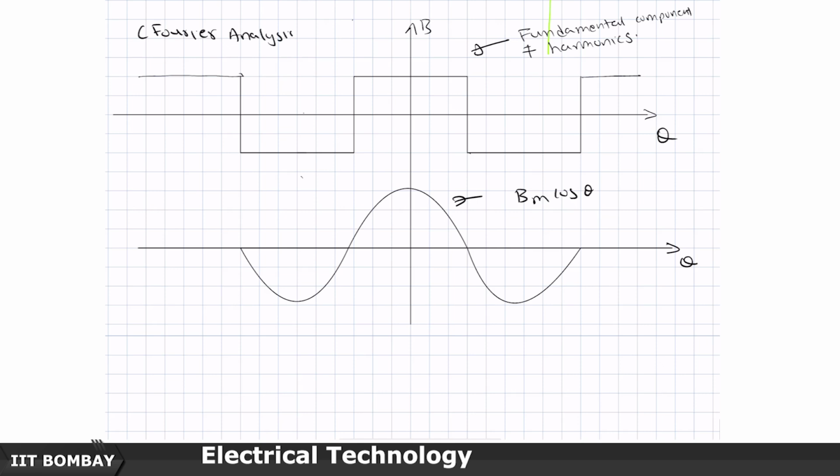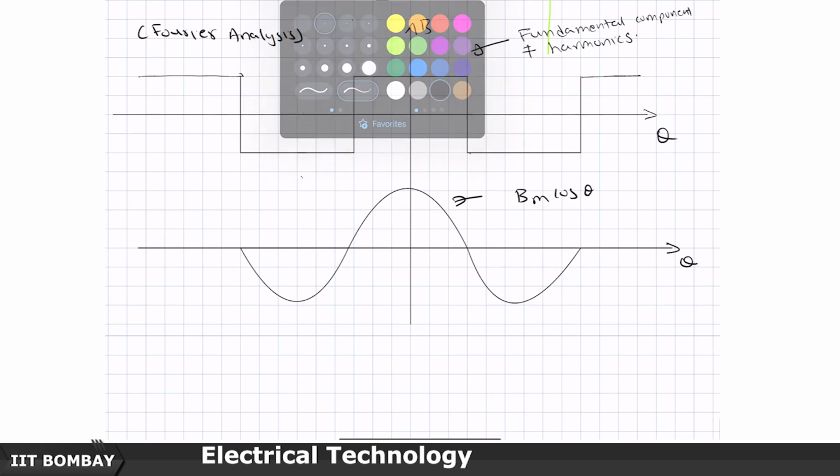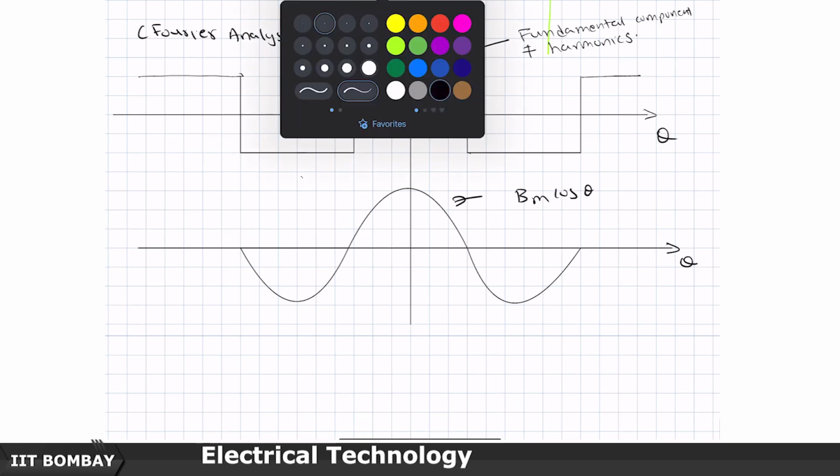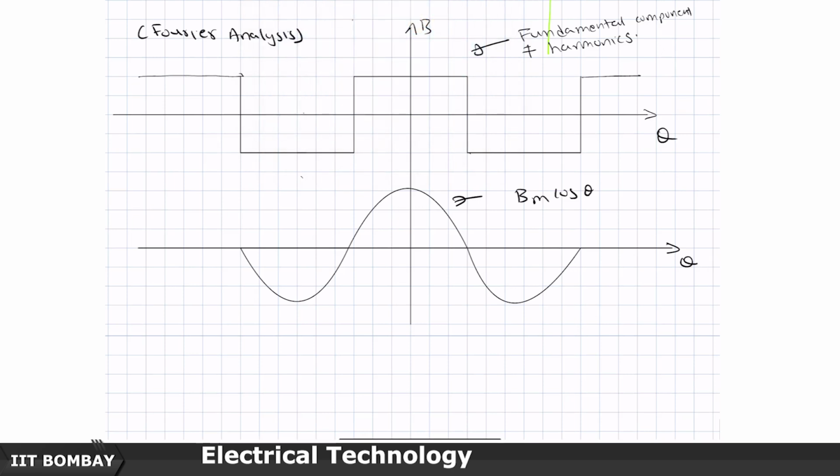If you are aware of it, then you would realize that this can be obtained by doing a Fourier analysis. If you are not aware of it, no problem, just think of it that I can approximate it by a sinusoid like this, and this is only an approximation.